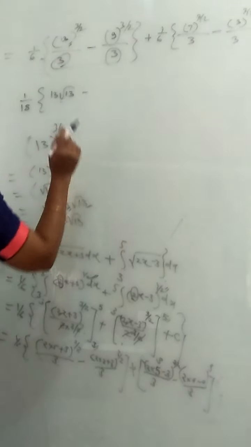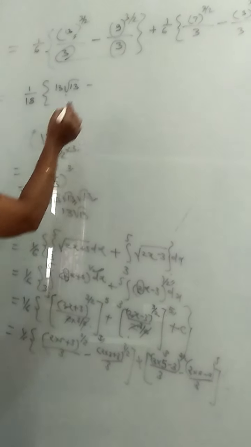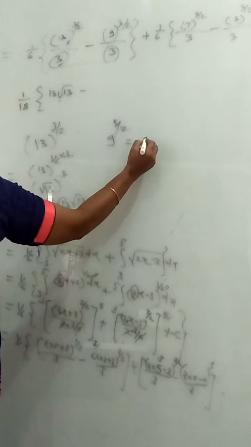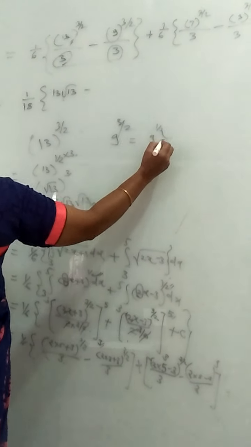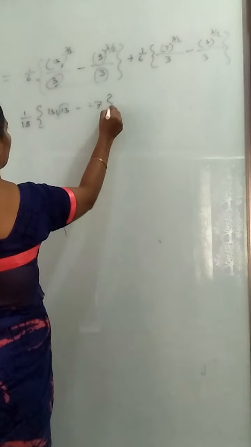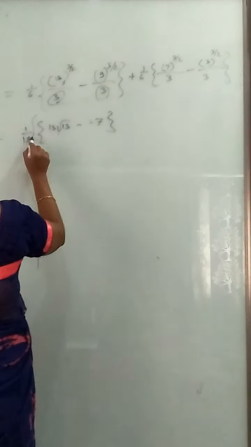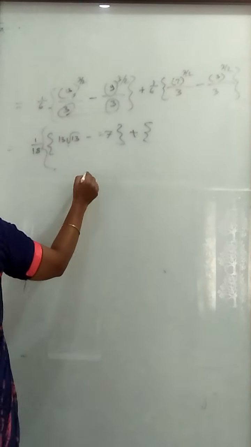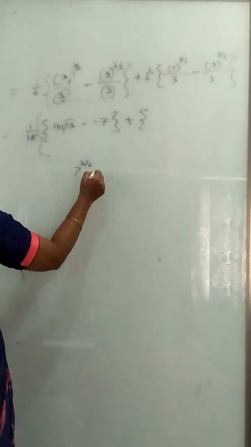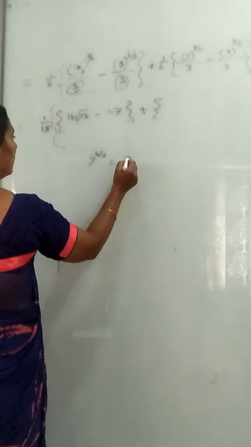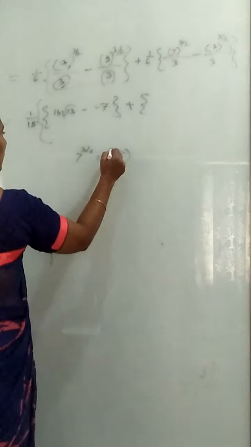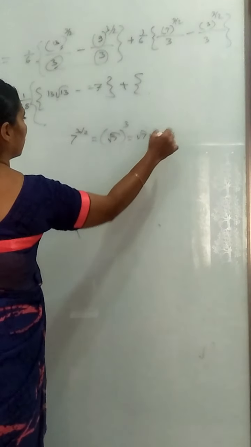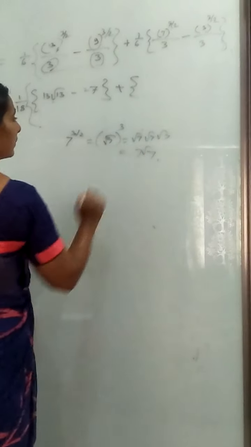Also we have to take the second term, 9 raised to 3 by 2, that is 9 raised to 1 by 2 into 3, which is 27. Then simplify 7 raised to 3 by 2, that is root 7 raised to 3, root 7 into root 7 into root 7, that is 7 root 7.